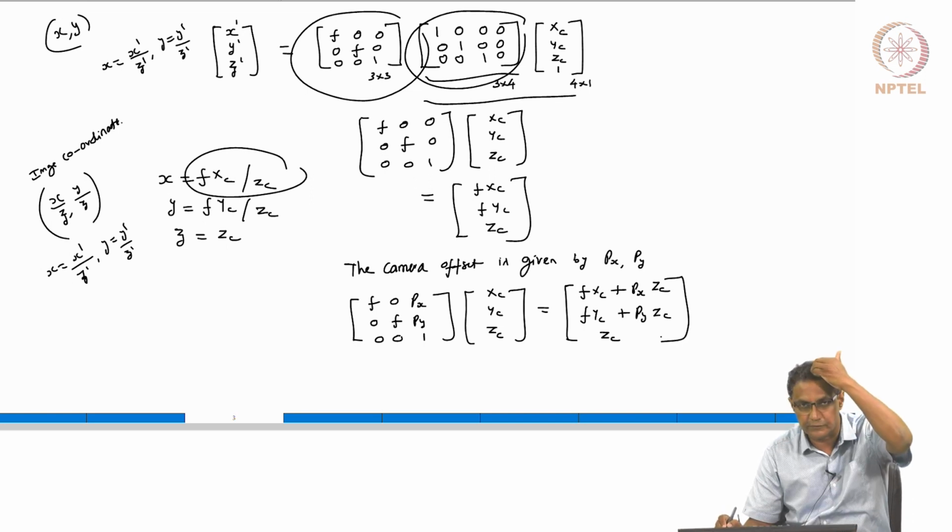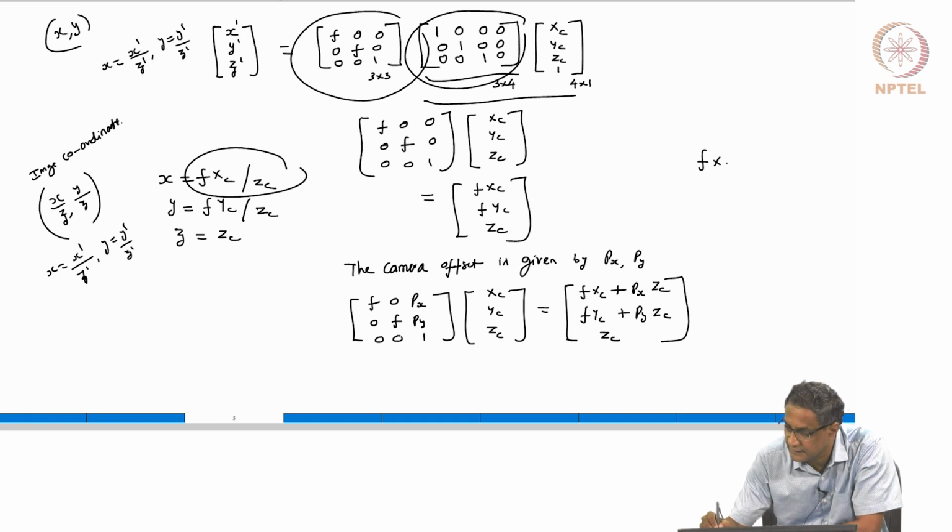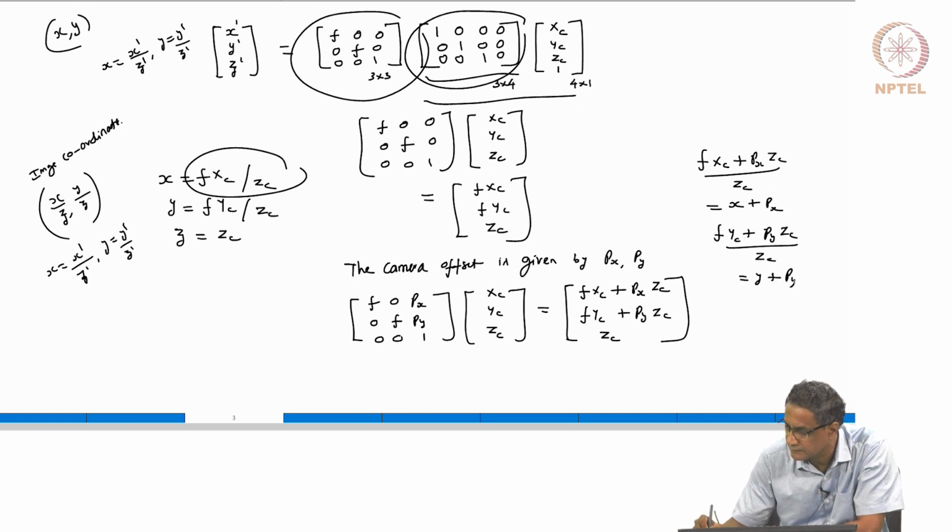So again, if I want my image coordinate, I should do fxc plus Px zc by zc. fxc by zc is my original x, and Px zc by zc becomes Px, so I get x plus Px. Similarly, fyc plus Py zc by zc gives me y plus Py, which is what you want.